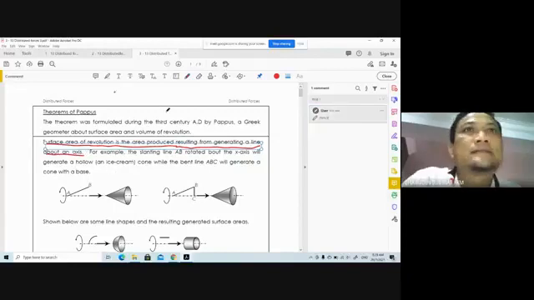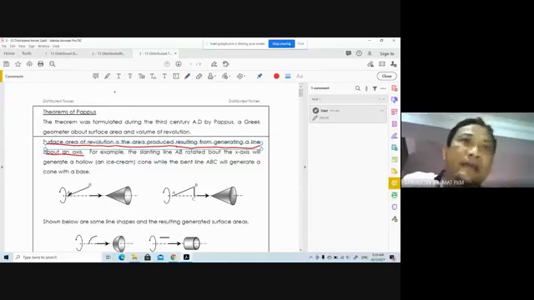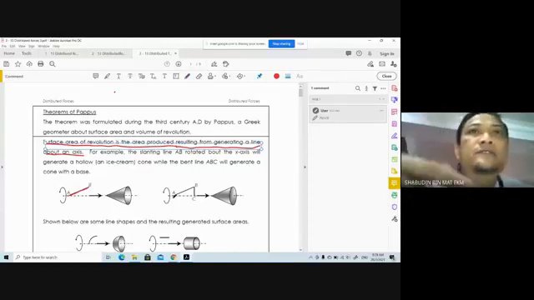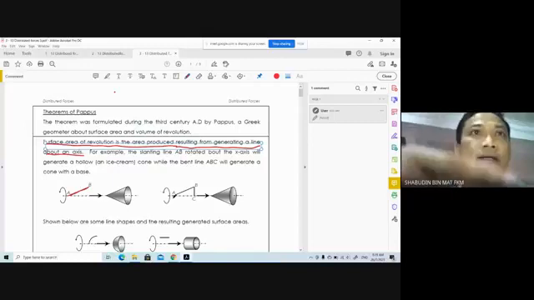So if you need a surface area, if you have a line AB, you just rotate it 360 degrees and you will get a cone.